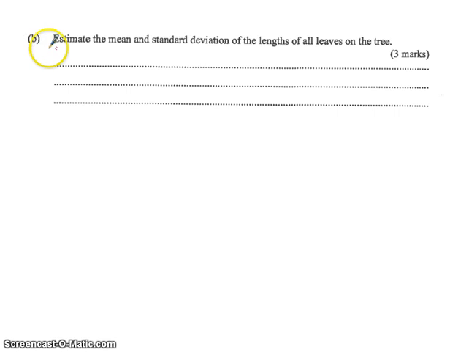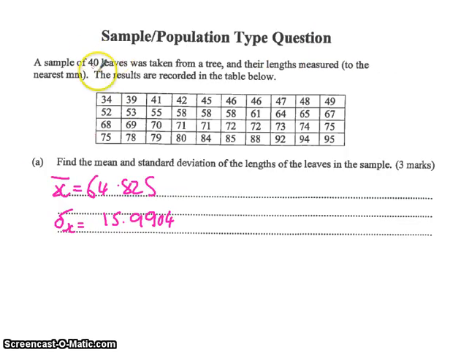Now, part b says estimate the mean and the standard deviation of the lengths for all the leaves on the tree. So this was a sample of 40 leaves, but there would be many, many more leaves on that tree. This was the mean and standard deviation of our sample. Now it turns out that providing you have sufficient data, so if you've got a good number of pieces of data, we've got 40 here, that's plenty, and if they're randomly taken, then the mean of our sample is a good estimator for the mean of the population.